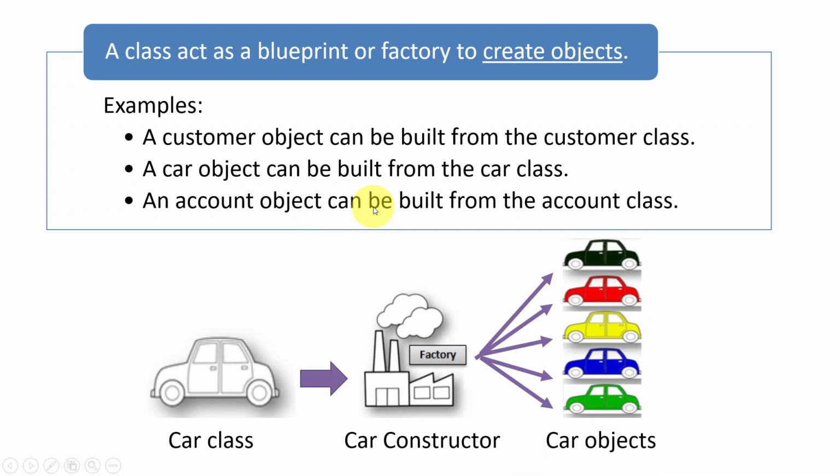The second point is a class can act as a blueprint or factory to create objects of that type. For example, a customer object can be built from the customer class. A car object can be built from the car class, whereas an account object can be built from the account class. So there is a way to create objects from a class in object-oriented programming. All the object-oriented languages support that feature.